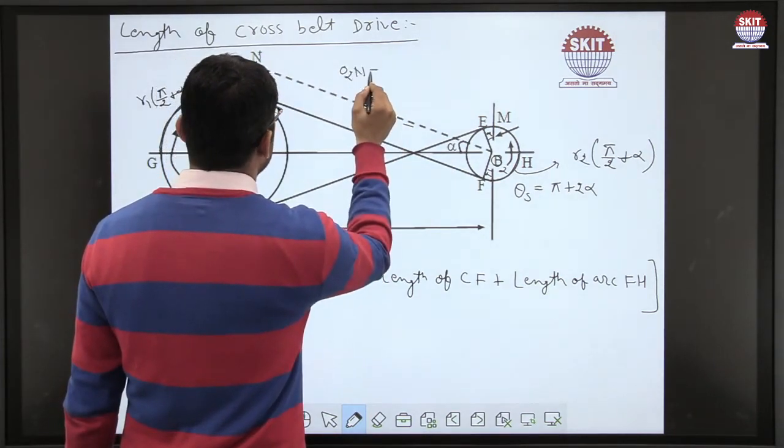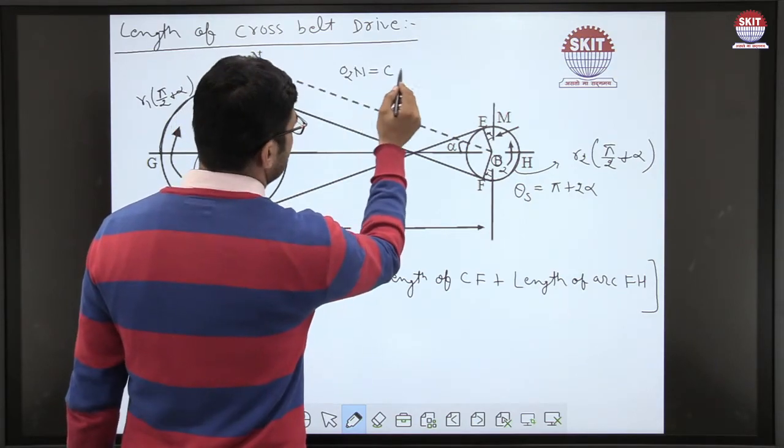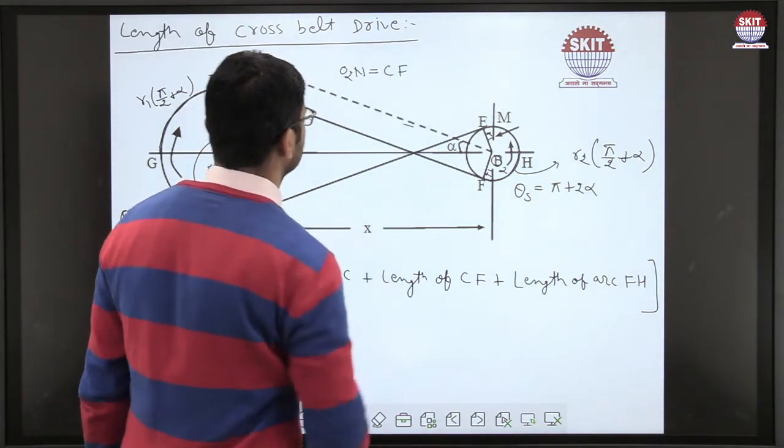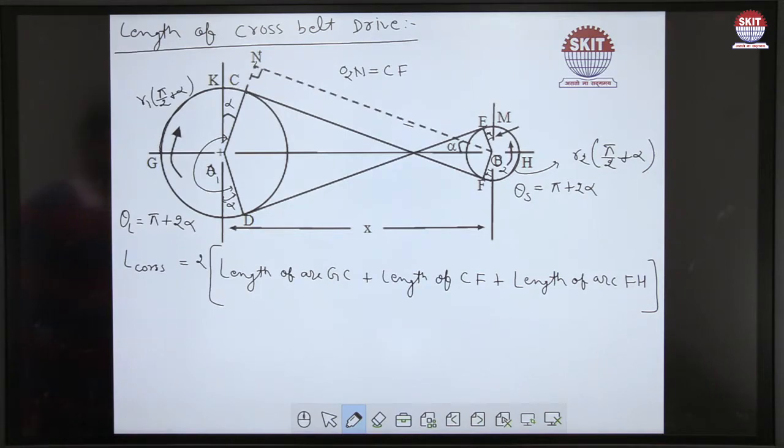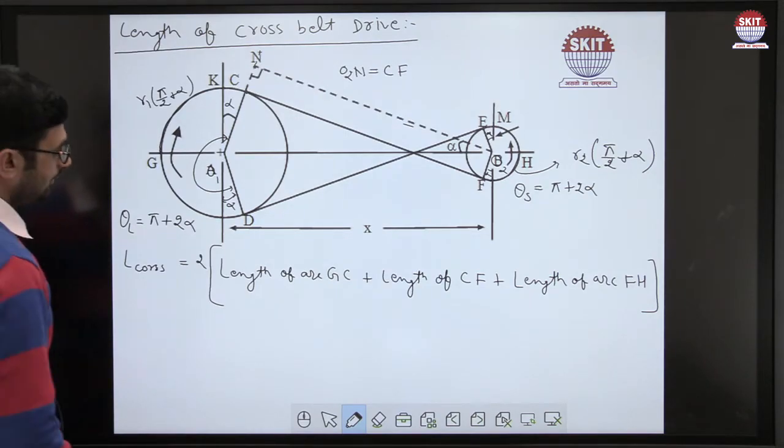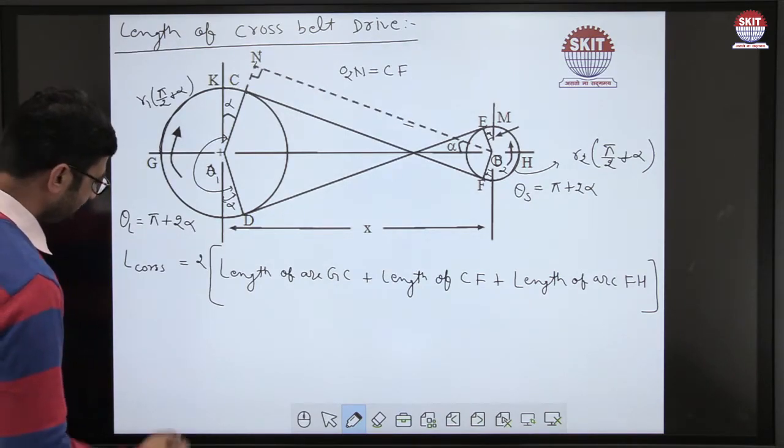O2N is equal to CF. First, find the value of sin alpha.